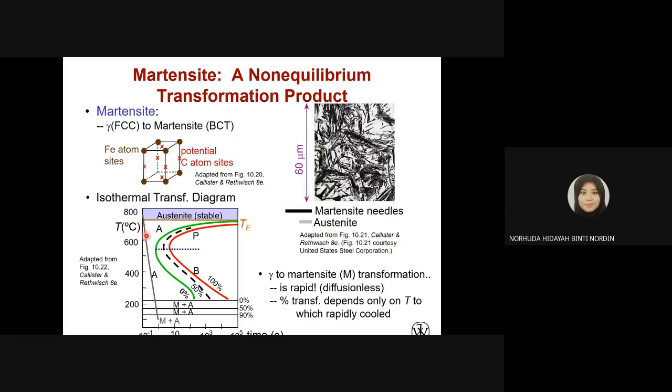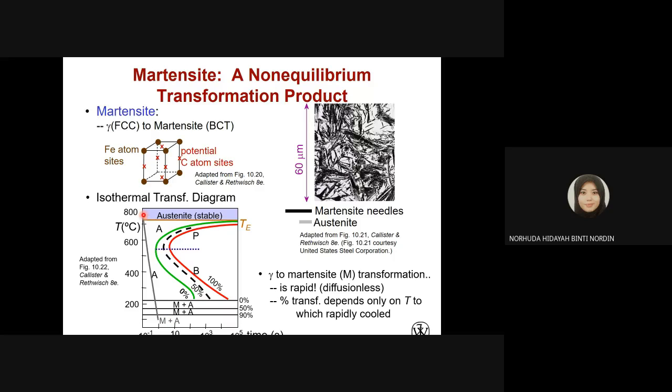So there is no time for perlite to happen, because to get perlite you need 1,000 seconds. There's no time for bainite to happen either. It does not touch the nose of the TTT diagram. It just cools very fast, and you will get martensite in this region. Okay.